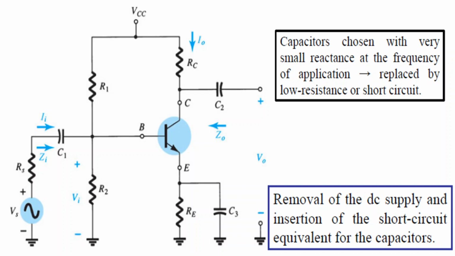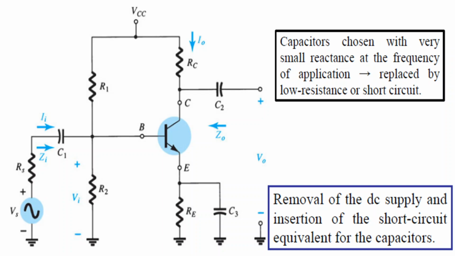Low resistance means we can short the capacitors. We replace every capacitor with a short circuit. This is the first step. Later on I will show you how to do it.